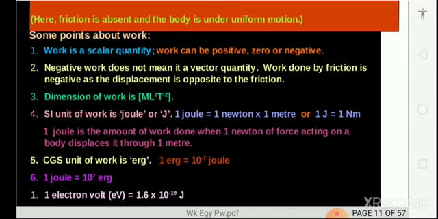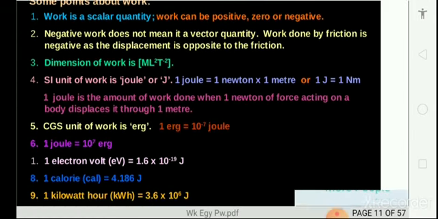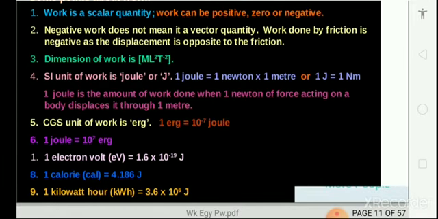Its dimension is M L squared T raised to minus 2. Unit is joule. Remember, 1 joule is equal to 1 Newton into 1 meter, or 1 joule is equal to 1 Newton meter. Thus you can define 1 joule as the work done by 1 Newton of force acting on a body displaced through 1 meter.